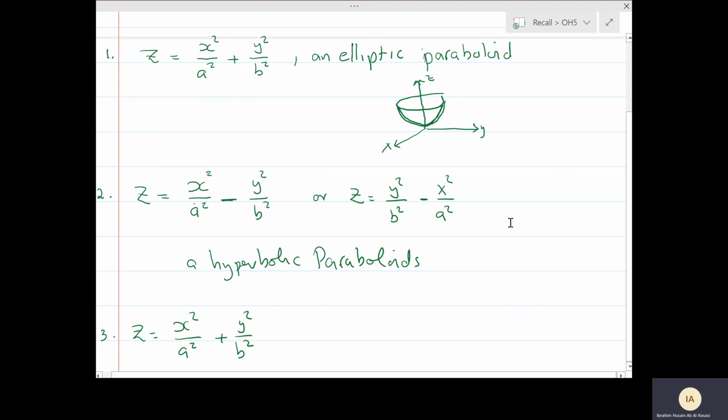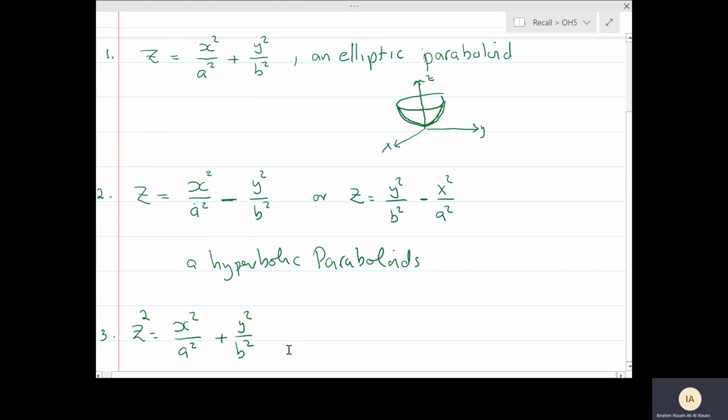The third class, again, the equation is almost the same as the original one, but there is a variation. Now here I have also z squared. So z squared equals x squared over a squared plus y squared over b squared.